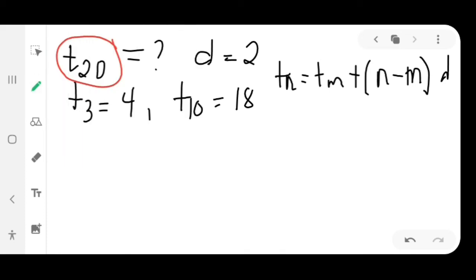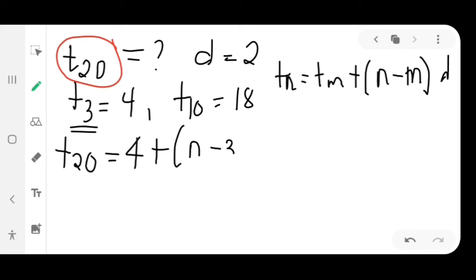Now, between t sub 3 and t sub 10, which is the lower extreme? Both of them can be the lower extreme. So for example, we are going to use t sub 3 as t sub m. So we have t sub 20 is equal to 4 plus n minus the position of 4, which is 3, times 2.